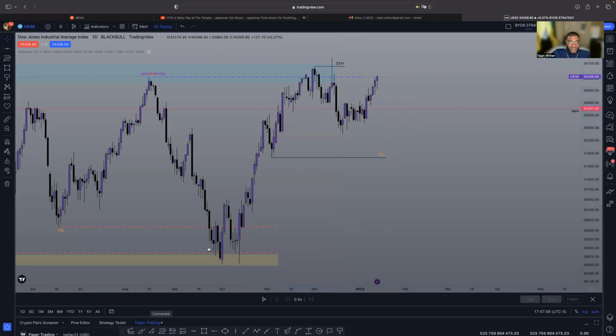Now I'm going to remove my Fibonacci real quick. And I want to highlight something. So within this area from low to high, we have this short-term low right here that price traded to. And it might have taken it, or let's see, might have taken it.